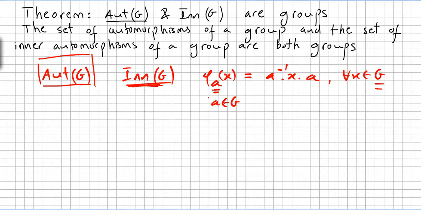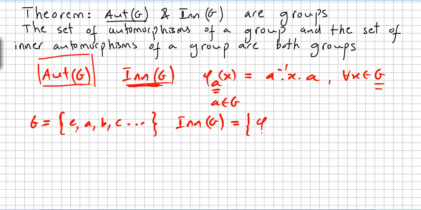So if you have a certain set G with elements like identity, A, B, C, etc., and you want to find the inner automorphisms of G, that's really easy, right?